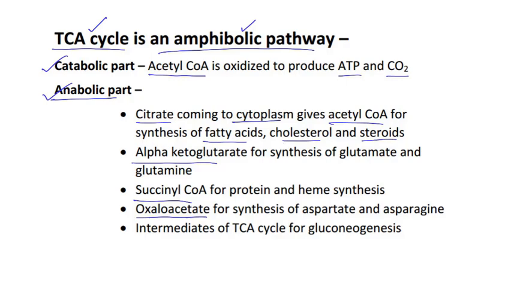Alpha-ketoglutarate can be used for synthesis of glutamate and glutamine. Succinyl-CoA can be used for protein and heme synthesis. From oxaloacetate, aspartate and asparagine can be synthesized. Even many of these intermediates can take part in gluconeogenesis.